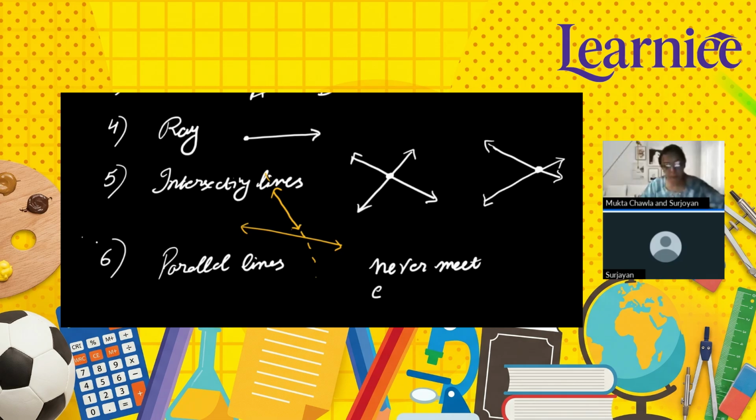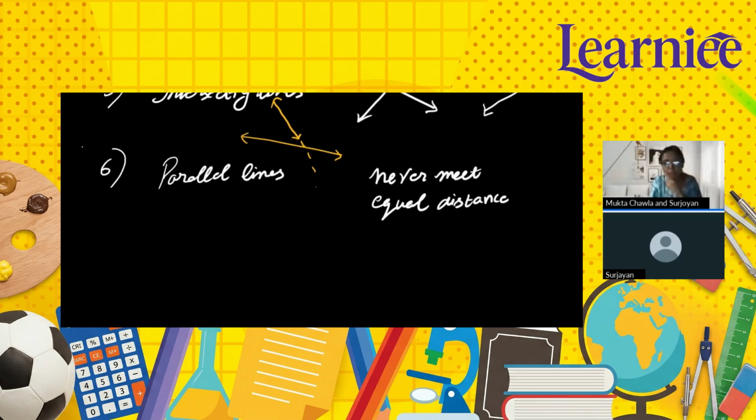Also, they keep an equal distance. Whenever two lines have equal distance, that is called parallel lines. Do they have any common point of intersection? No, they don't intersect.